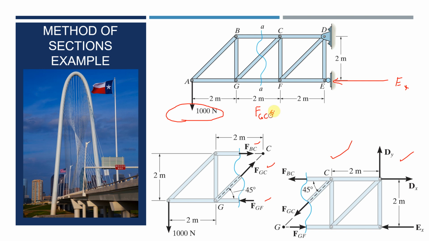Sine 45 degrees, minus 1,000 newtons equals 0. So FGC equals 1410 newtons. I believe that's correct.